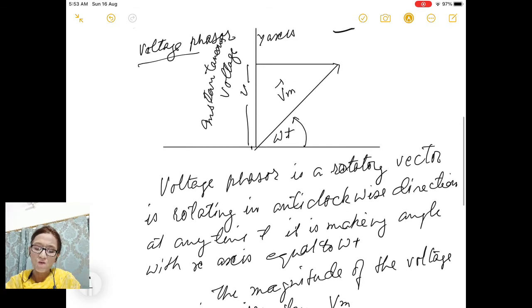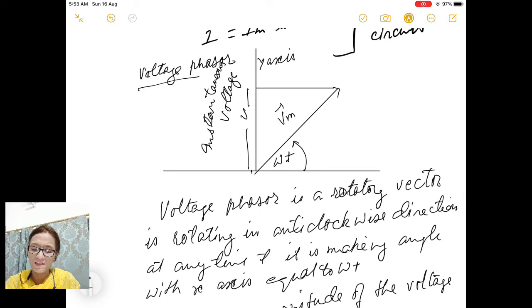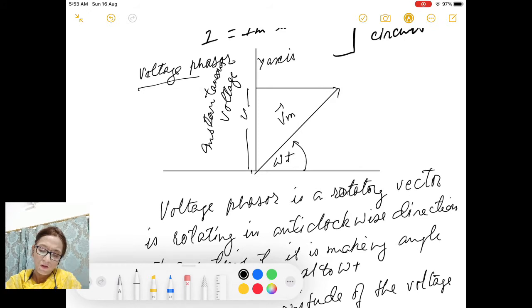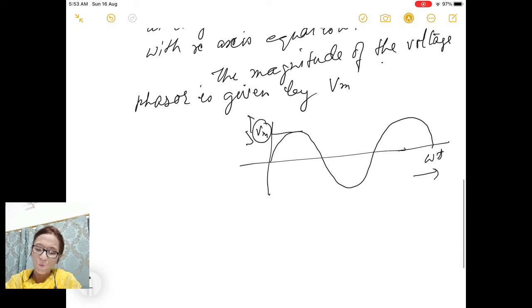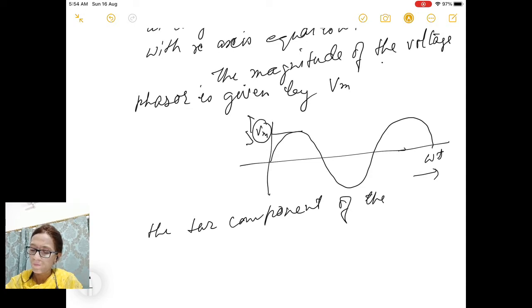So the magnitude of the voltage phasor is given by the voltage amplitude, and the perpendicular component of this voltage phasor gives the instantaneous voltage.